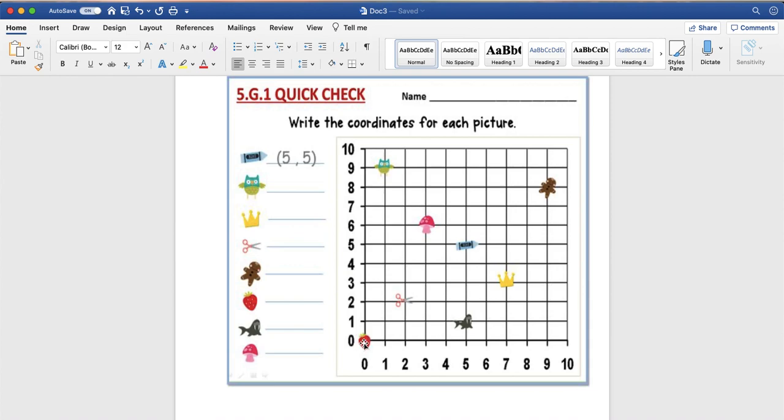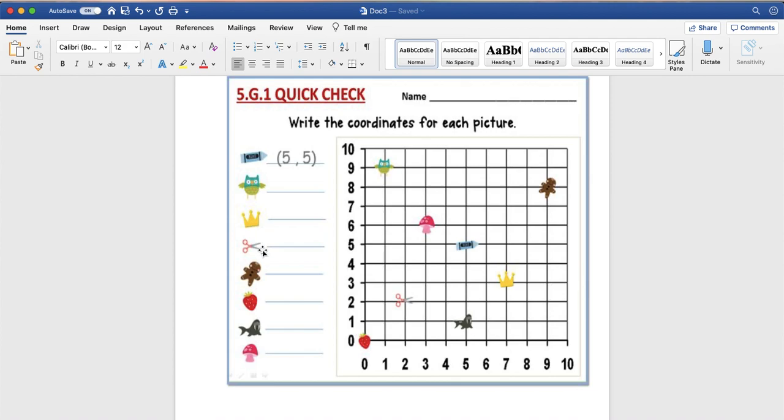So start off from my home, 1, 2, 3, 4, 5. And as you can see, they have the parentheses, 5, separated by a comma. And then we need to see how high we can jump, 1, 2, 3, 4, 5, and I get to my crayon. And then they write the 5 and close up parentheses.